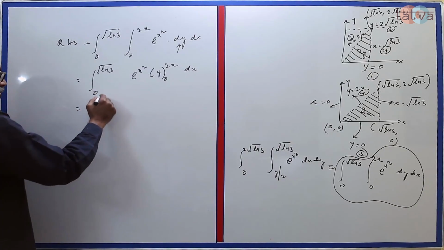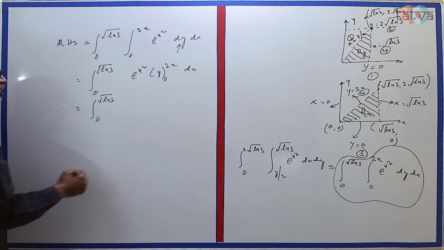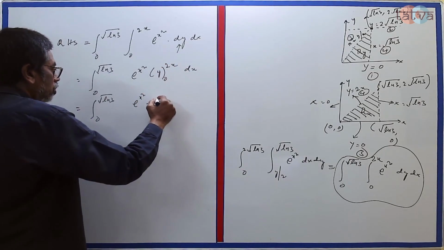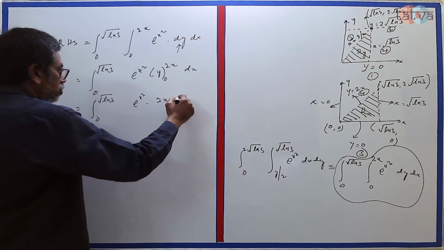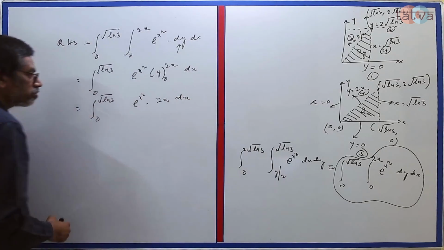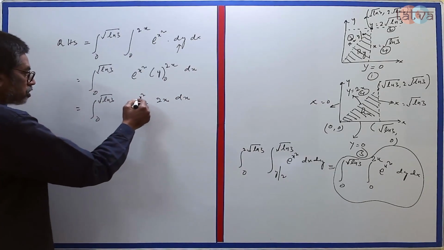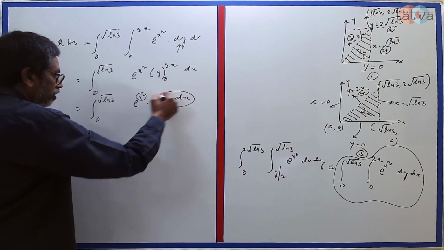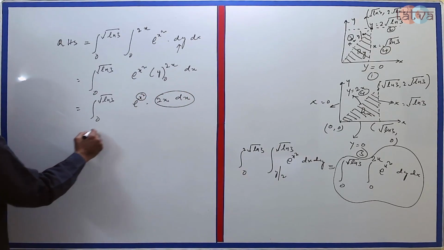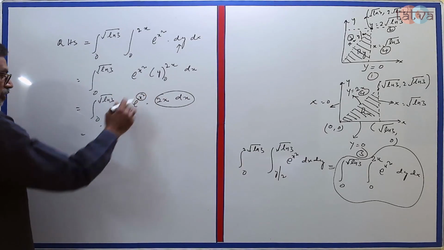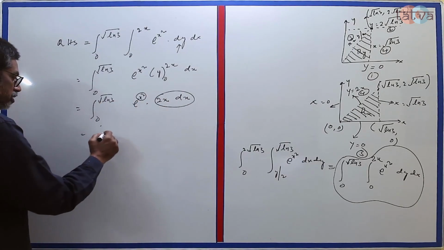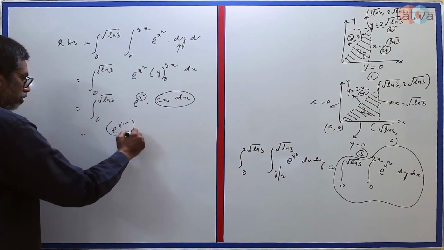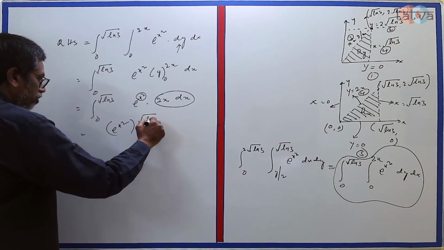So 0 to square root of log 3, e power x square times 2x minus 0 dx. That's very good because the differential of x square is directly available here. So the integration of an exponential function under these conditions will be just e power x squared from 0 to square root of log 3.